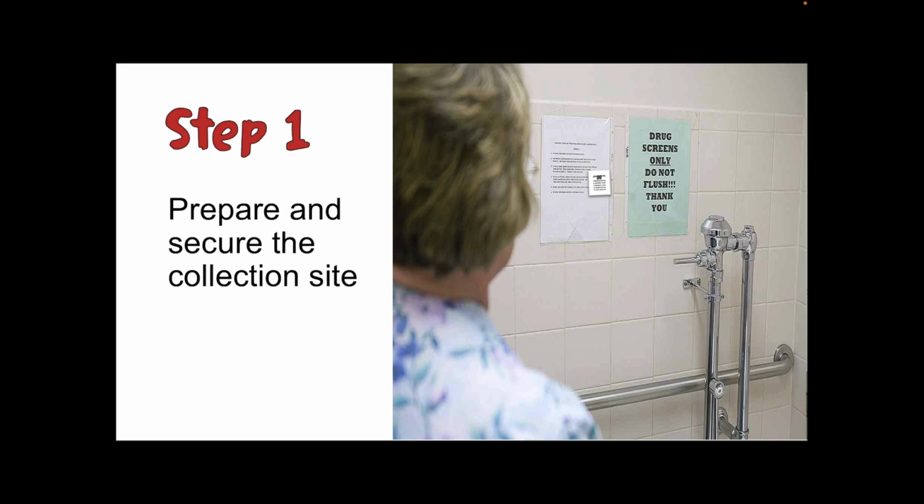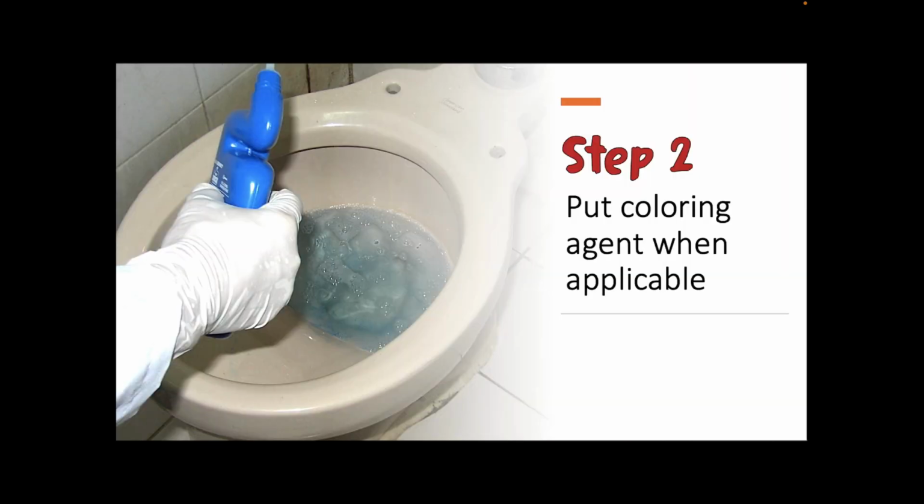And also, to avoid adulteration, most laboratories don't have a water source inside the toilet. The water source for hand washing, as I have mentioned earlier, is already placed external to the collection site. Also, a coloring agent can be applied in order to avoid adulteration or tampering of the specimen.